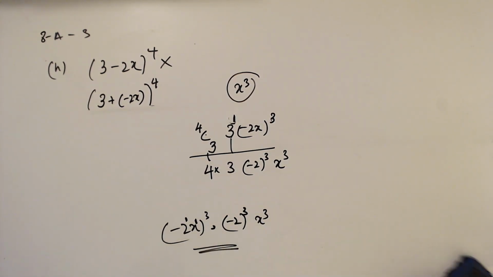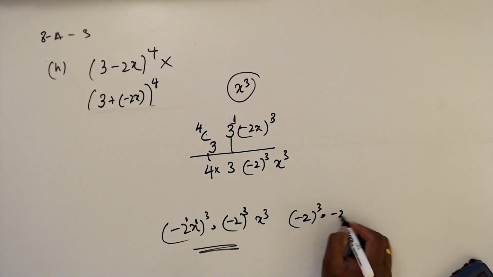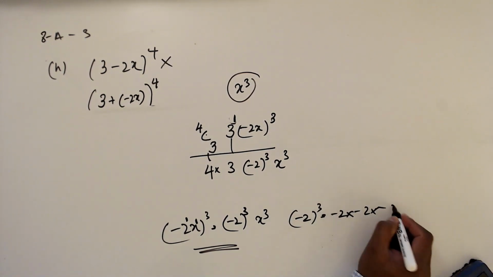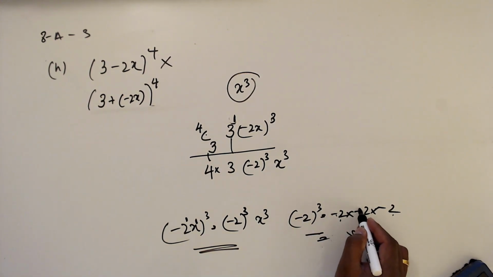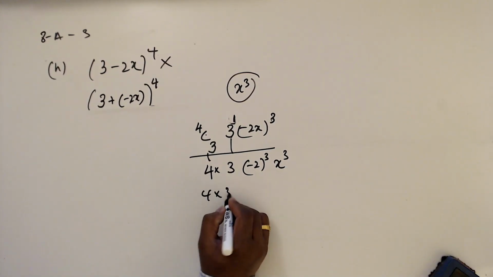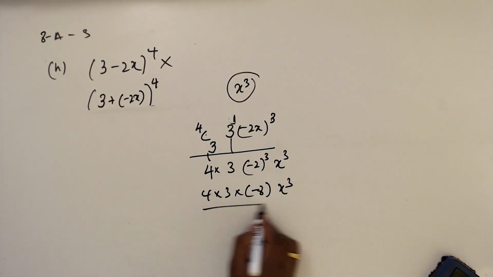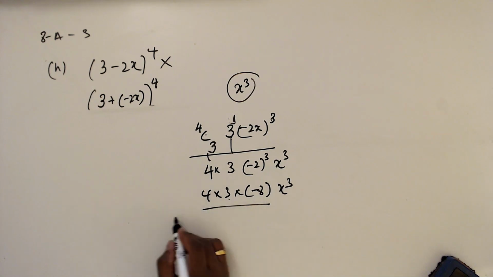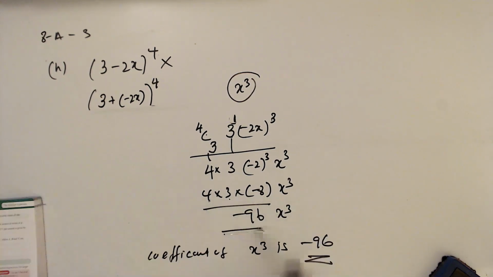Now, what is minus 2 cubed? It means minus 2 times minus 2 times minus 2. 2 times 2 times 2 is 8, minus times minus is plus, plus times minus is minus. So this is going to be 4 times 3 times minus 8x cubed, which is 12 times minus 8, minus 96x cubed. The coefficient of x cubed is minus 96.